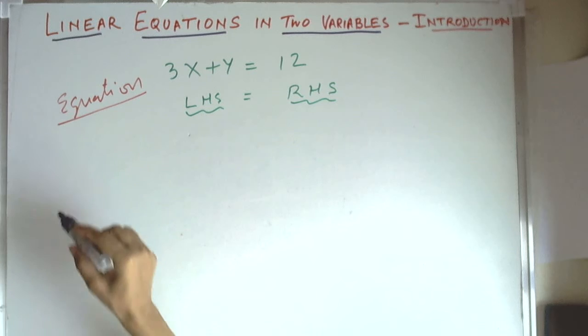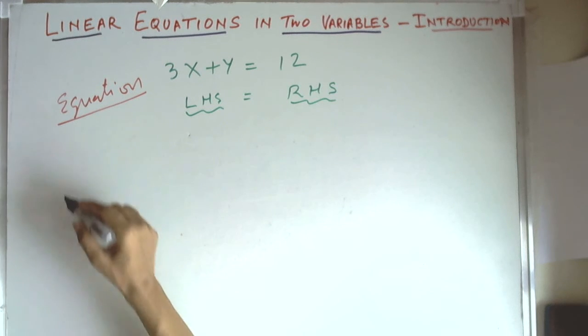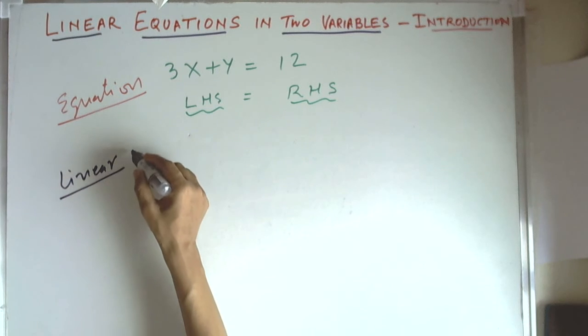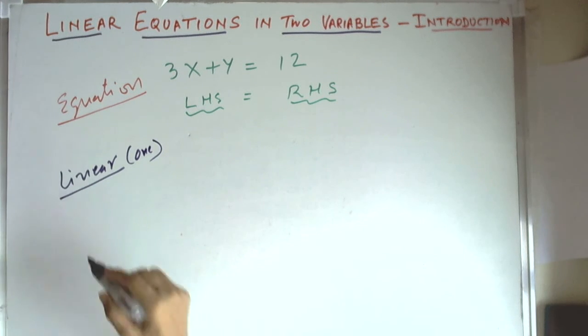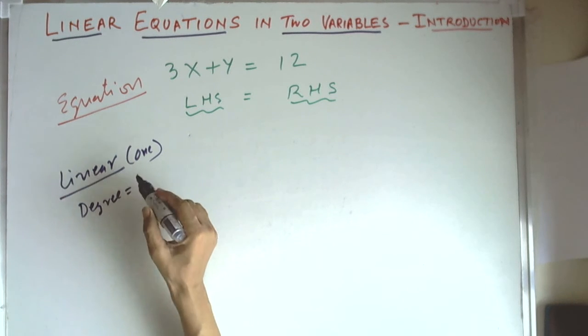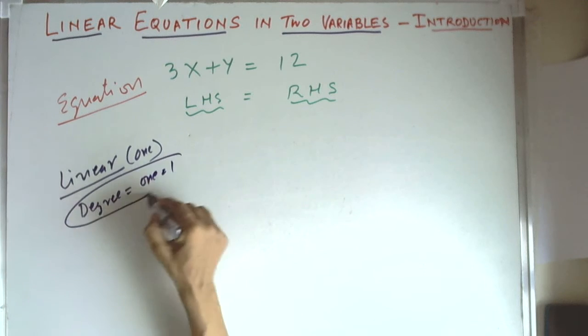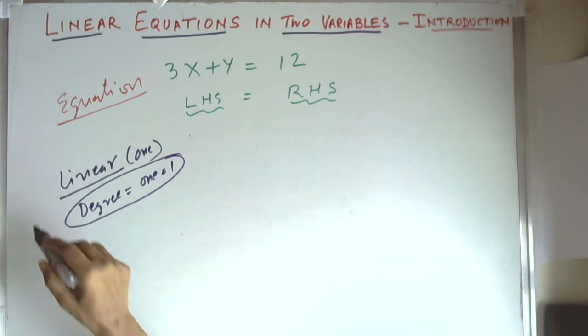Second thing is, we are talking of linear. So linear means we are referring to what is the word linear. Linear stands for 1. So the degree of the expression is equal to 1, and then two variables.